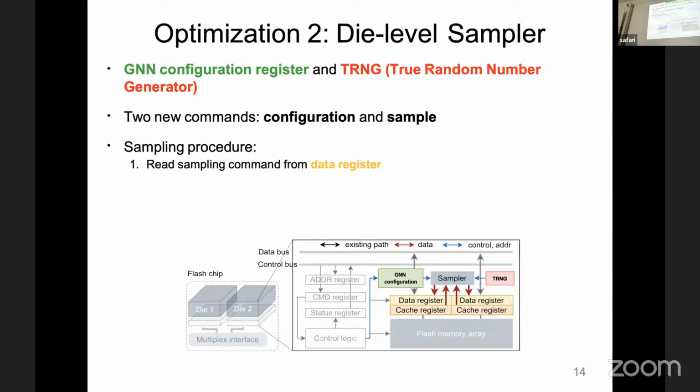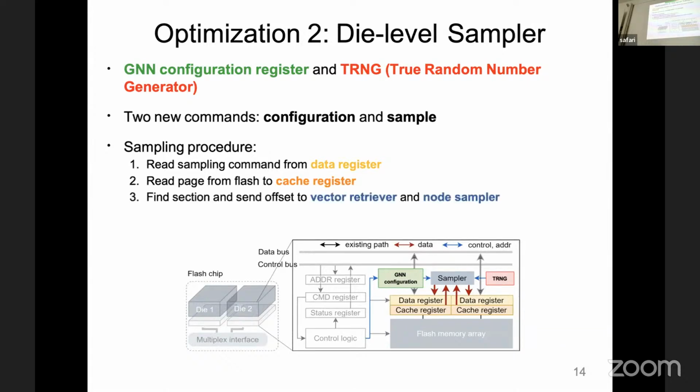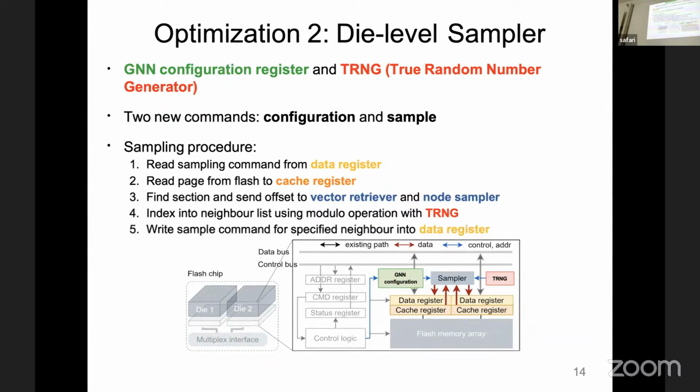For the procedure, we first read the sampling command from the data register. Then we read the page that got fetched, which is residing in the cache register, and then we find the corresponding sector we're interested in. From the sector, we read the feature vector and the neighbors. We index into the neighbors with what I said previously, the true random number generator, and then they generate a new sampling command on the fly and write it in the data register again.